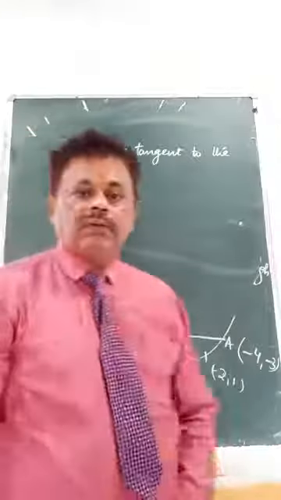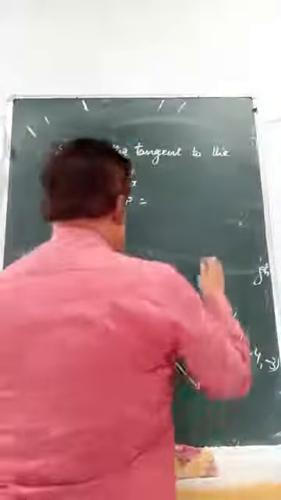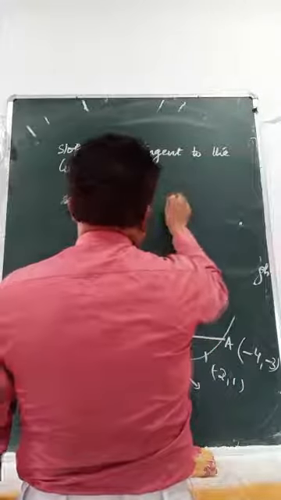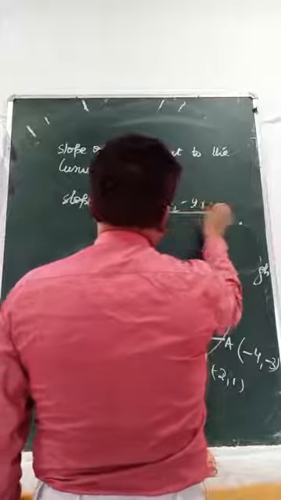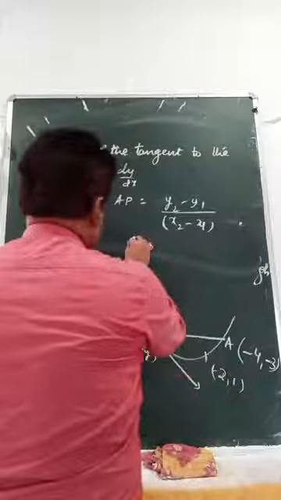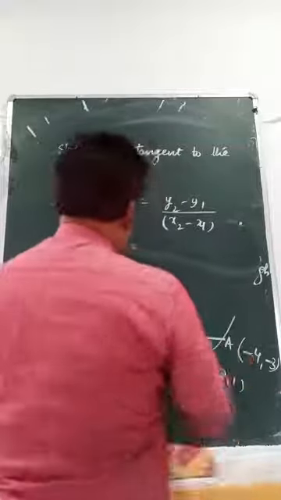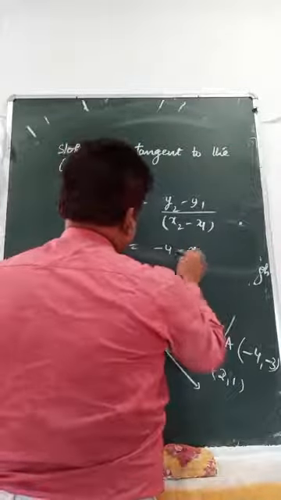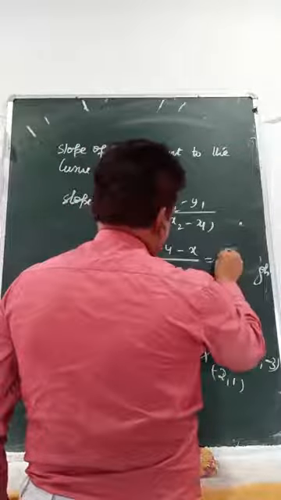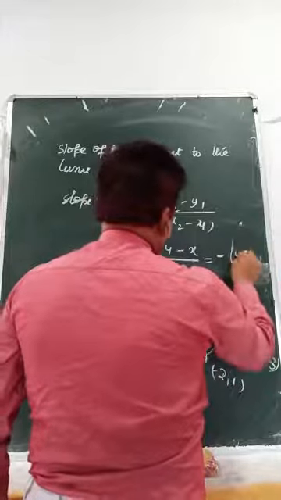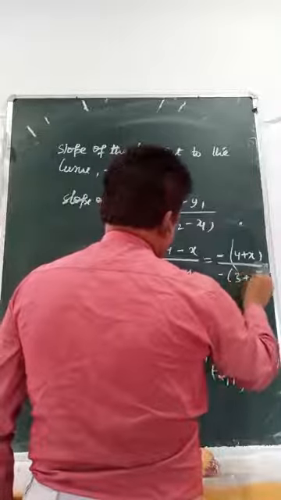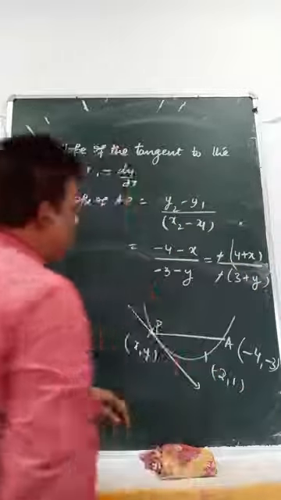What is the slope of the line joining two points? That is (y2 minus y1) by (x2 minus x1). That means (-4 minus y) divided by (-3 minus x). If you simplify, (4 plus y) by (3 plus x).